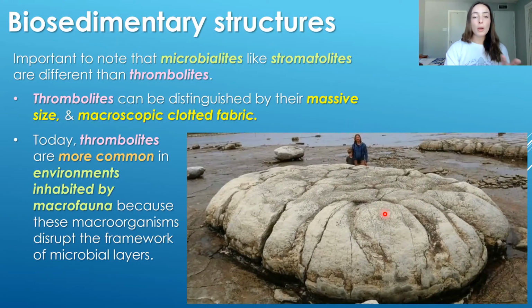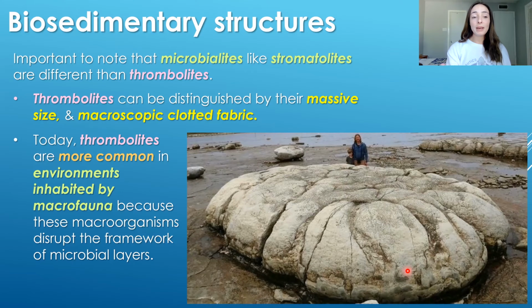It's all jumbled up, and that is because macroorganisms disrupt the framework of microbial layers, and these thrombolites are disrupted by macrofauna. That distinguishes them from stromatolites and other microbial mat formations that are purely or dominantly microbial rather than macroorganism dominated.